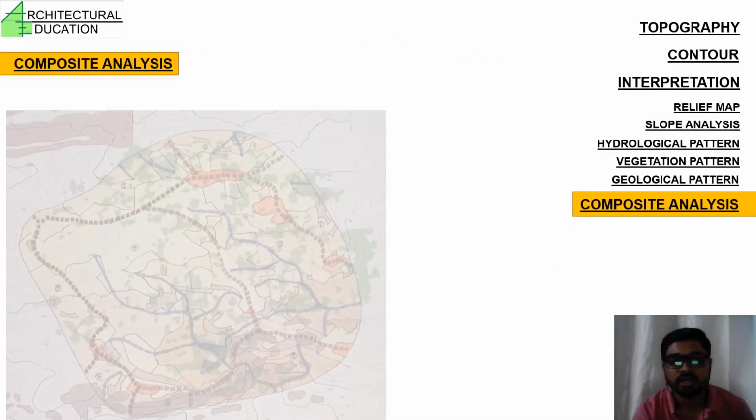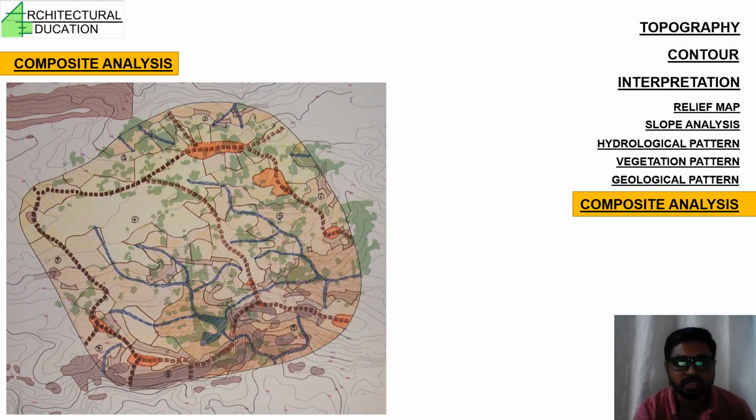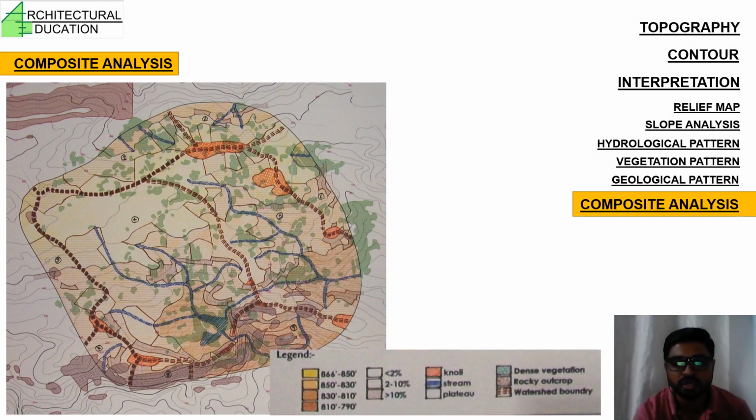Now finally, composite analysis. Composite analysis includes everything that is there. It starts from the relief map to slope analysis to hydrology pattern and any other kind of geological pattern existing over there. You can find that there is a relief map over here. You can find the hatching for the slope analysis.